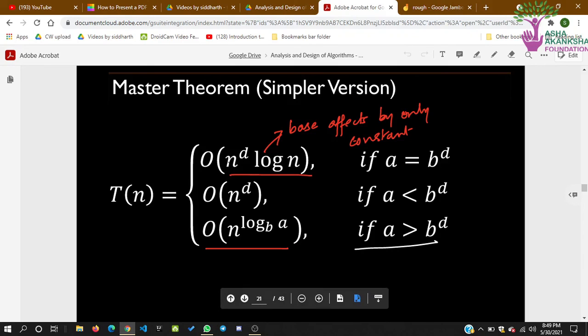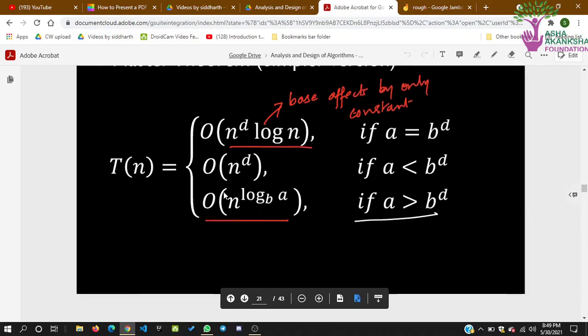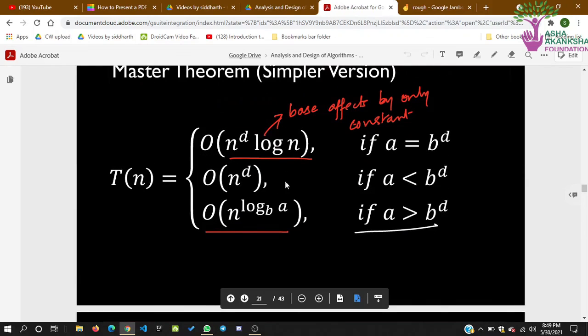In the given formula, it was n raised to power d log n, and we just cancel the c because we are taking big O notation. Similarly, we got c into c1 into n raised to power d for the a less than b raised to power d part, and hence this verifies this thing.